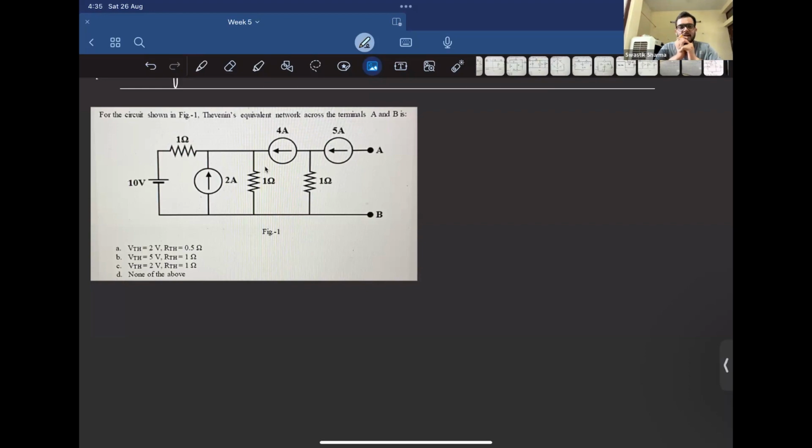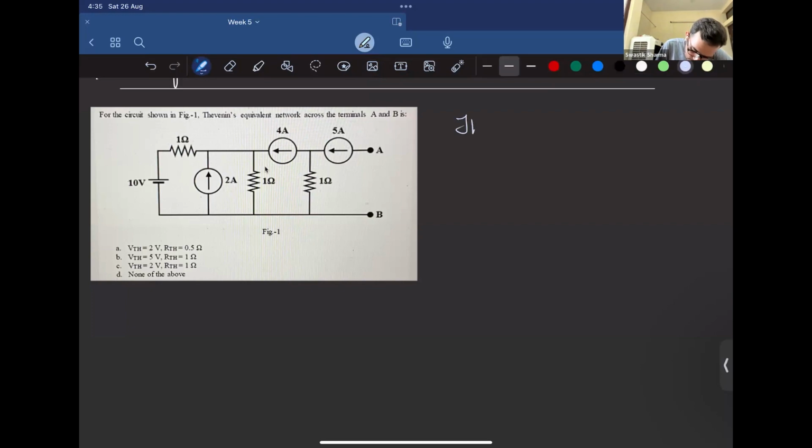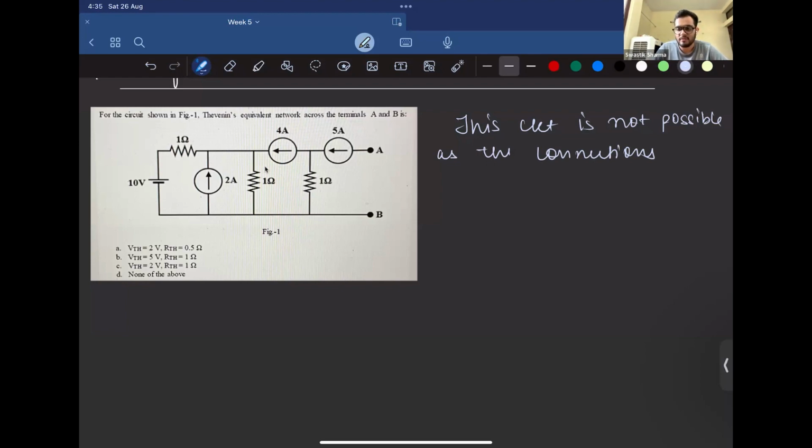One terminal is open, right? We can't have it. This circuit is not possible as the connections are invalid. We can never open circuit a current source. So A and B are open circuited, and we can't calculate the open circuit voltage. And RTH also we can't calculate because since the 5 ampere source would be open, RTH would be zero. So the answer is none of the above.